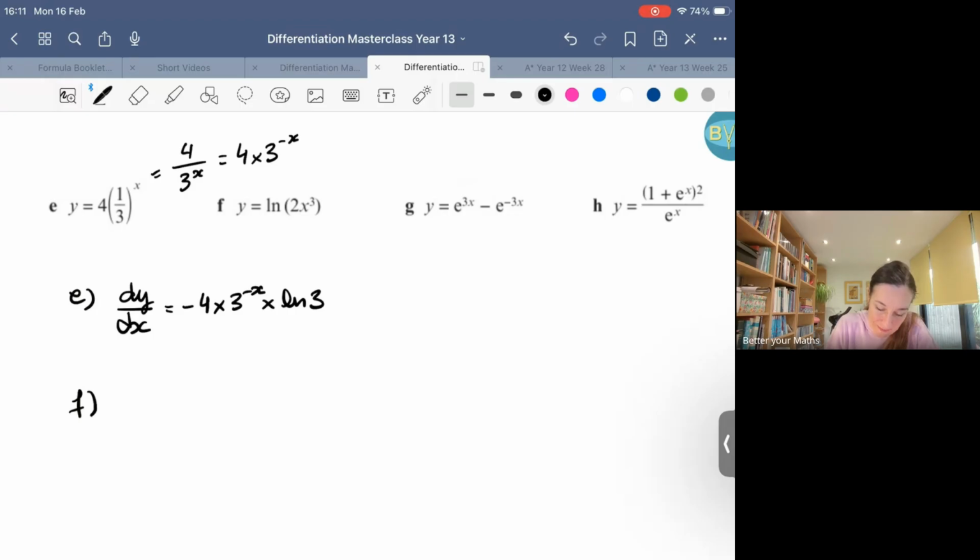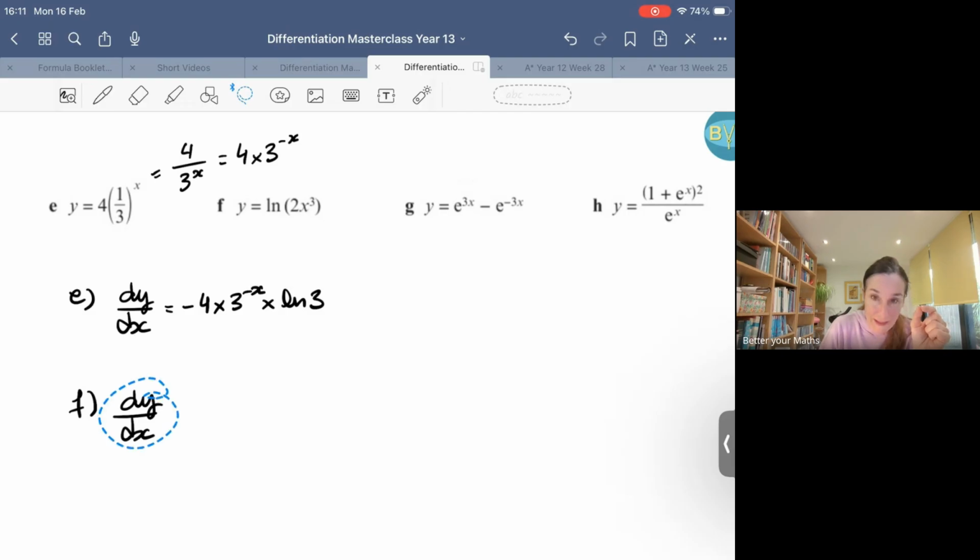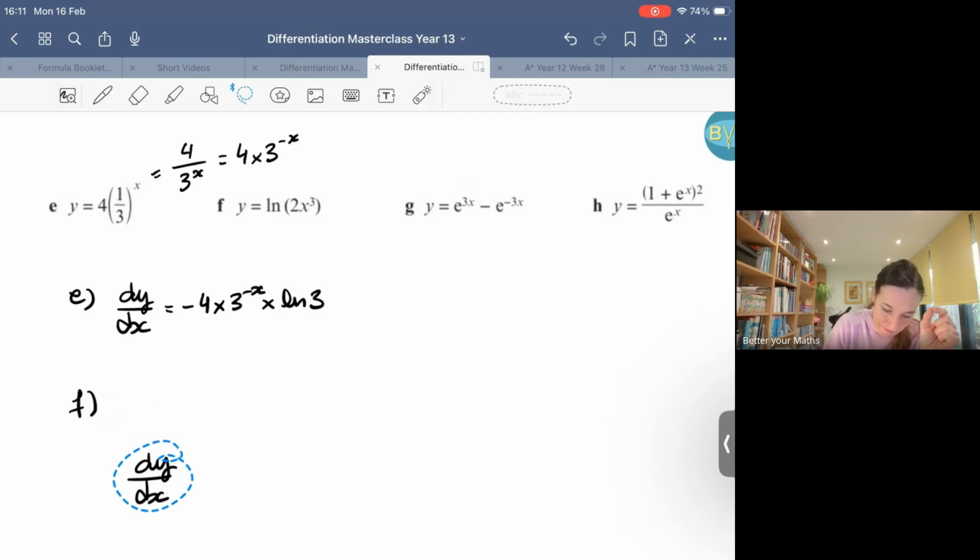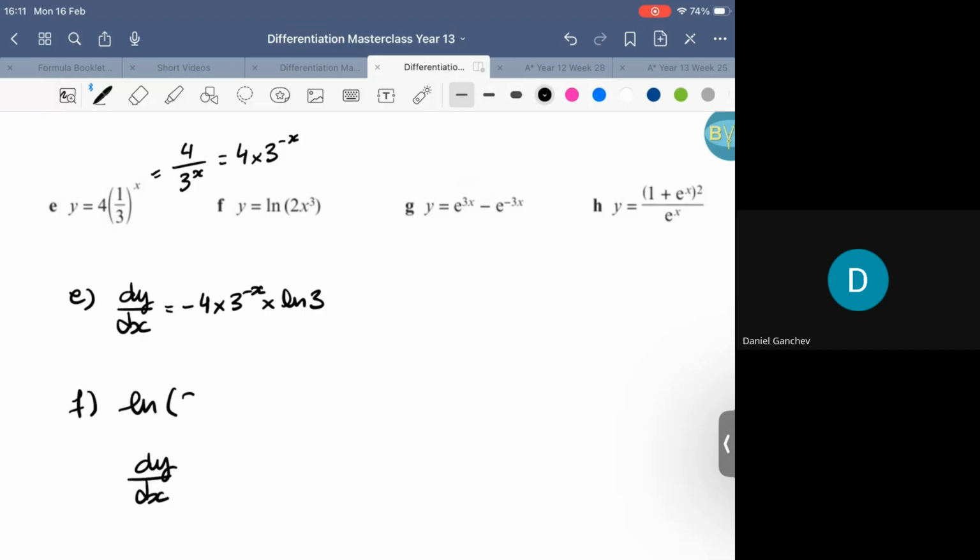So the second one, dy by dx. Remember I told you we only know how to differentiate ln x. So if we have something x, we have to rewrite that. How are we to rewrite that? Who can help me? So before differentiating, Daniel. Could you do it so it's ln2 plus ln x cubed, and then it'll be 3 ln x.